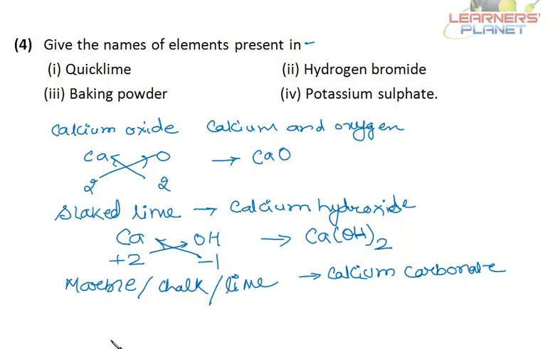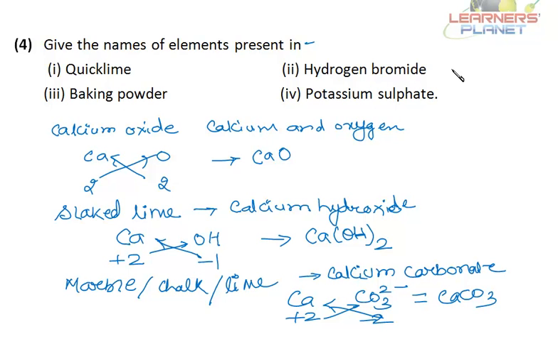Now carbonate is again an anionic radical. Write the symbols Ca, CO3 2 minus, right? The charges on this is +2, this is -2, cross placement of the charges, and you'll get CaCO3. So these are the compounds of calcium.